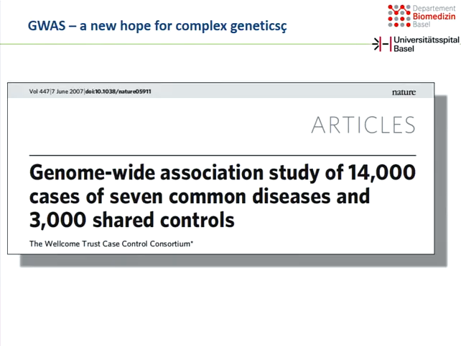What has GWAS contributed to psychiatric disorders? And when it came up, about 10, 12 years ago, there were great hopes that this would really contribute to complex genetics. And in the beginning, it was a difficult path. So people had these microarrays.